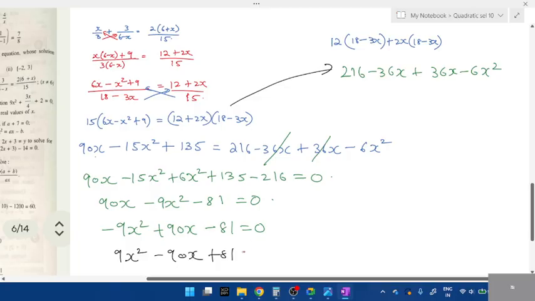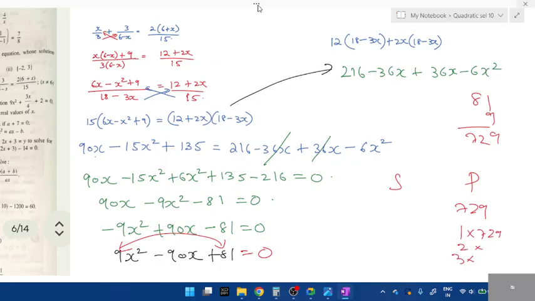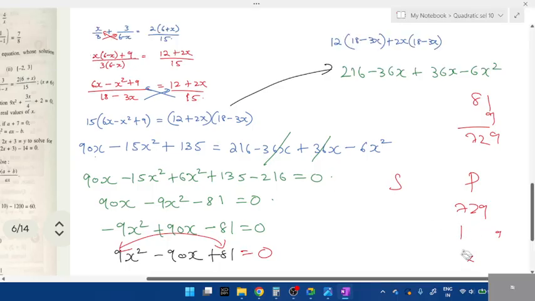Now, if you want to use sum and product, what are the two things you have to multiply for product? 81 into 9, 729. Isn't it a very big number to do it like this? 2 into 3 into. In spite of doing so much, if you don't factorize, definitely you won't get the answer.